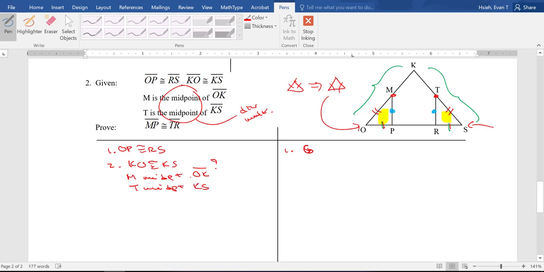I'm going to put all these as a given together because I'm going to use all of that to come up with my third step, using the division property: MO is congruent to TS. So step 3, MO is congruent to TS, by division property.